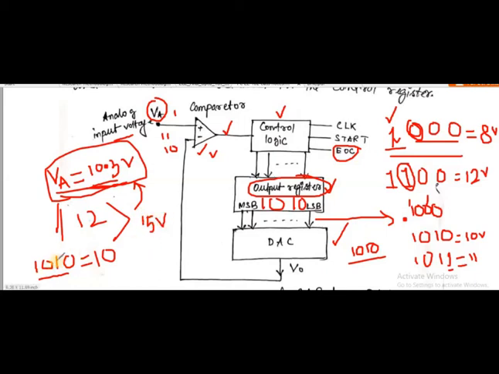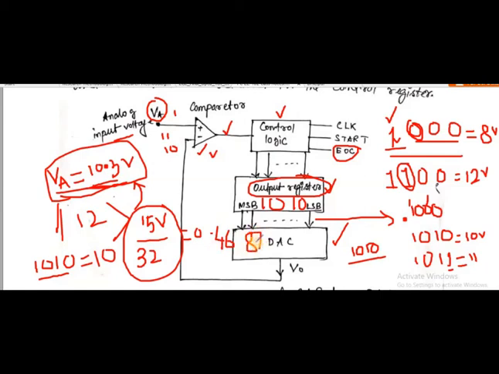Now if I increase the number of bits to 5, so total output states will be 32. So 15 by 32, so the precision, that means the resolution, will increase. So for 1 bit of change, if we calculate the value, just a minute, 15 by 32, it will be 0.4687.